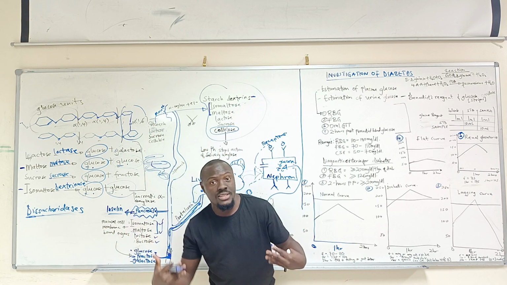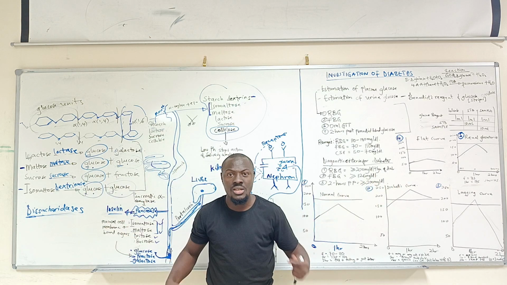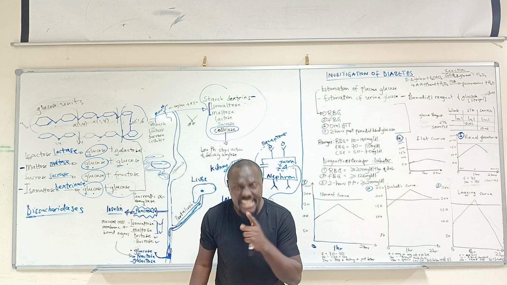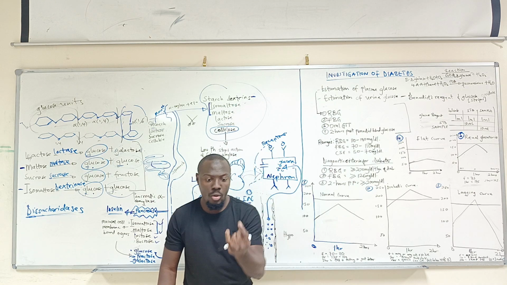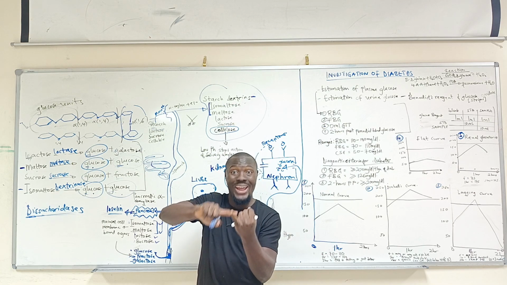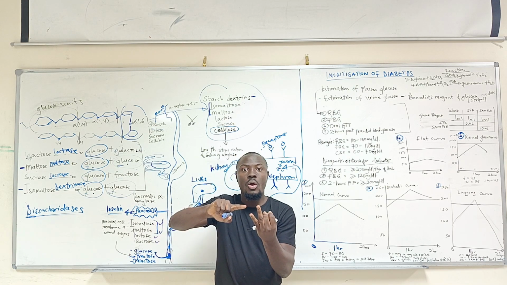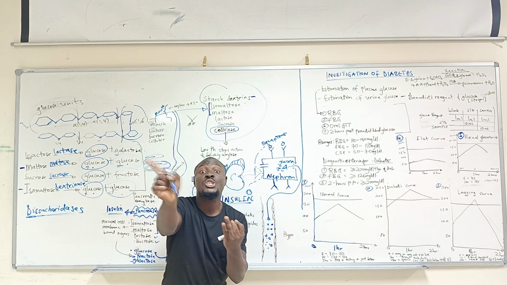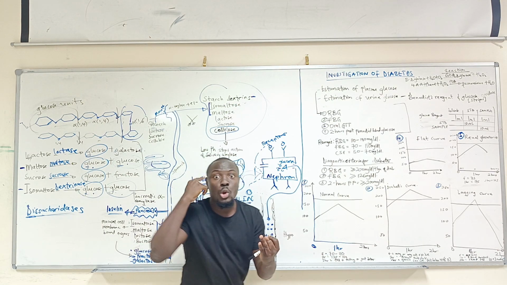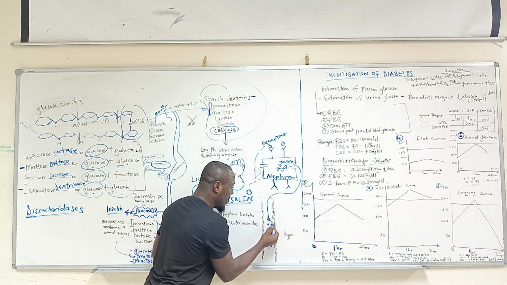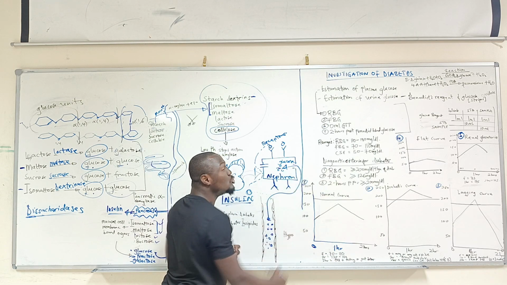But this now brings us to the definition of diabetes. What is diabetes? Diabetes is when you have trouble with your insulin production. Probably your insulin is not working, or the receptors that are supposed to respond to the insulin are not working. So logically, what is going to happen in here? We cannot bring the sugar from the blood and send it into the cells.